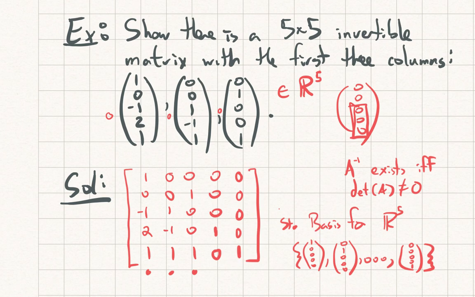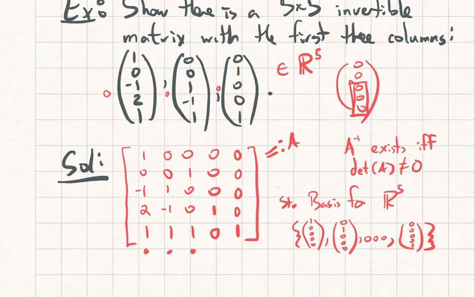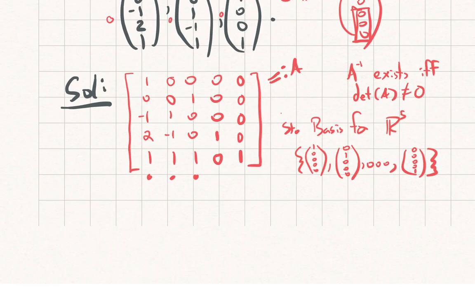And then we just need to check, let me call this matrix here A, and I'll leave this as a little exercise. It should be fairly easy. Just check that the determinant of A is something that's not 0. As soon as you know that, you have indeed a basis.